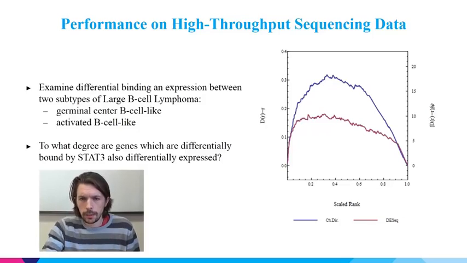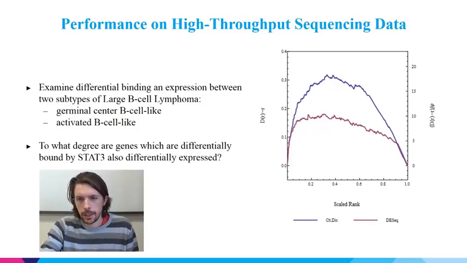And so what we have here on the right is a plot of a similar kind to the one in the previous talk, which sort of quantifies the degree to which genes which are differentially bound by STAT3 are also differentially expressed, broadly speaking.